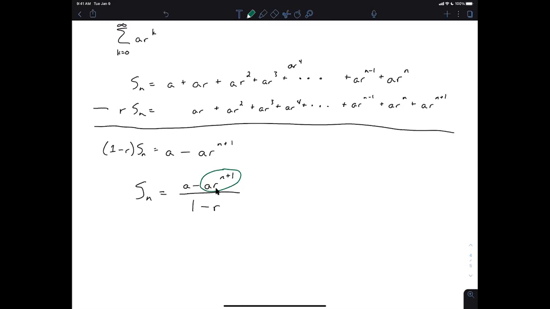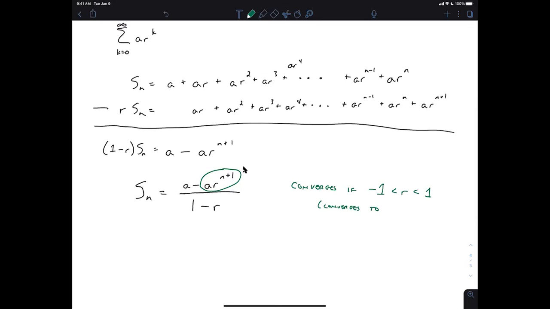Yeah. So this converges if r is between -1 and 1. And if it does, what does it converge to? Whatever 1 minus r is. Okay, couple things there.